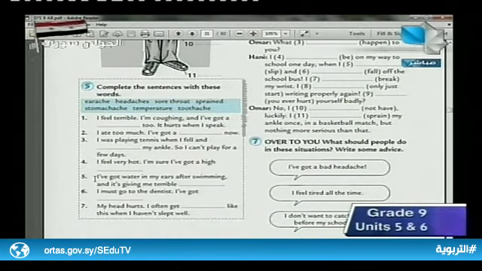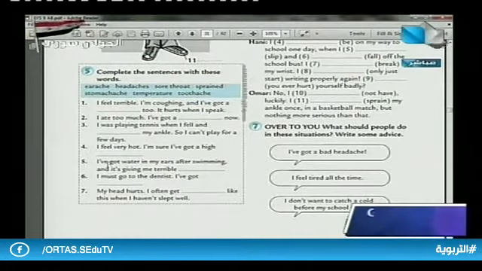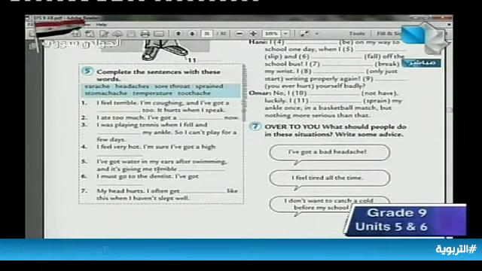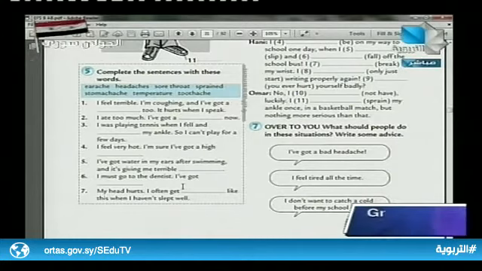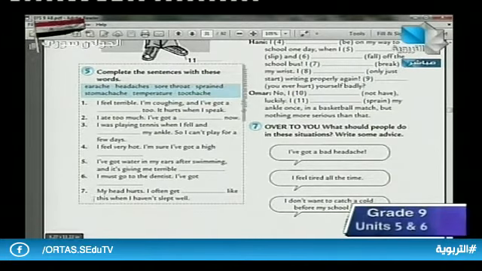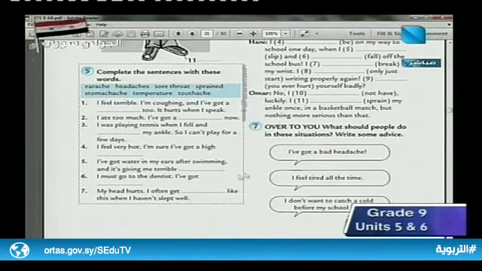Number 5: I've got water in my ears after swimming, and it's giving me a terrible earache, because he just swam and we have earache in his ears. Number 6: I must go to the dentist. I've got a toothache. Number 7: my head hurts. I often get headaches like this when I haven't slept well.